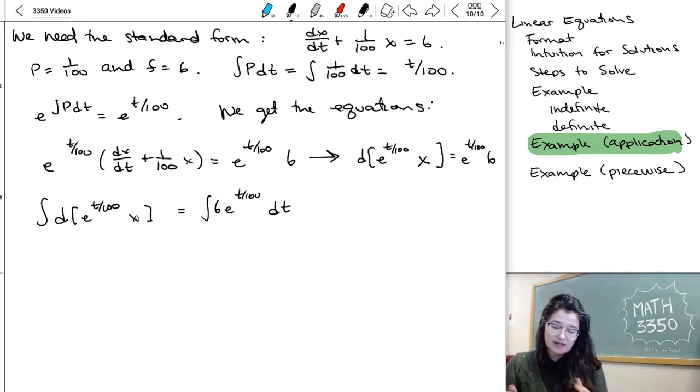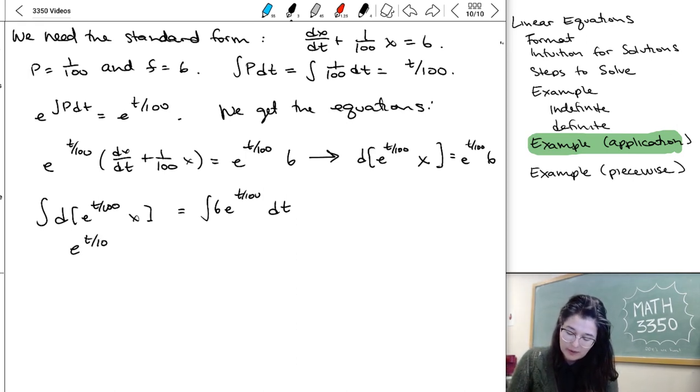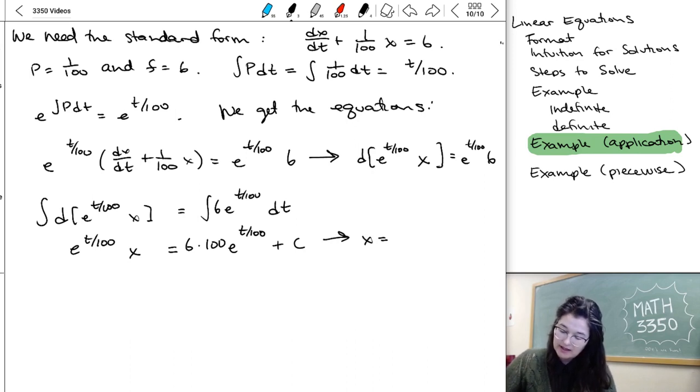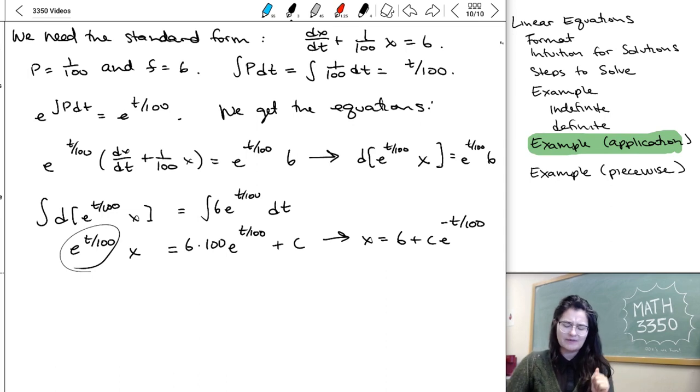But when we evaluate this integral, either way we're going to get e to the power t over 100 x is equal to, e stays the same, and then we divide by 1 over 100, so we're multiplying by 100, plus some unknown constant. And that means we're just going to have solution x is equal to 600 plus c e to minus t over 100, because when we divide that over, it's going to cancel with the first and then introduce a negative exponential on the constant.